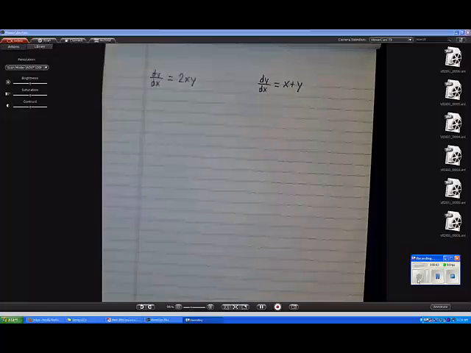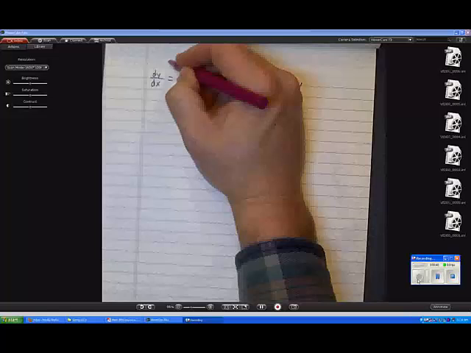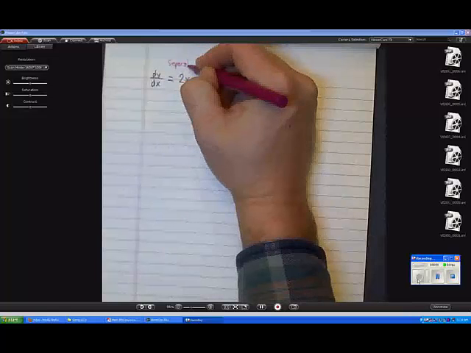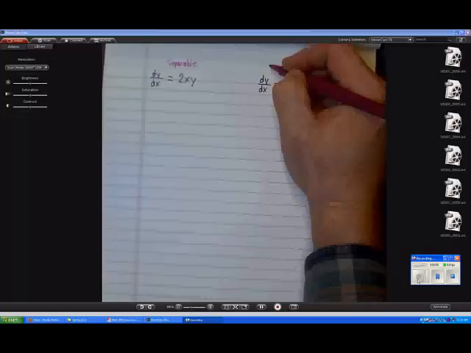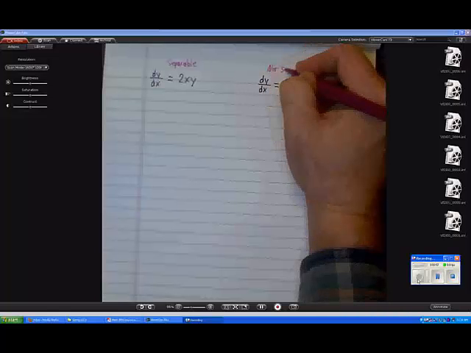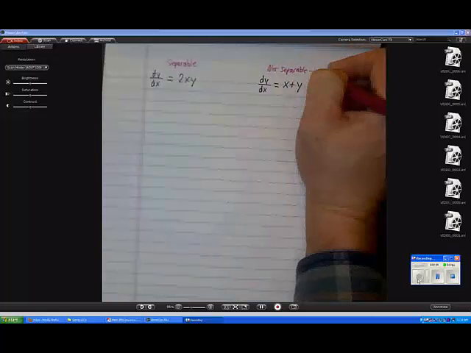So this one we would mark as separable, and we're happy. We think we can solve this, provided that we can do the integration. This one, not separable. So I'll tell you, wait till next week.